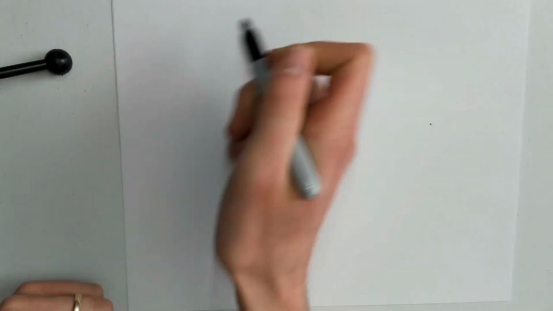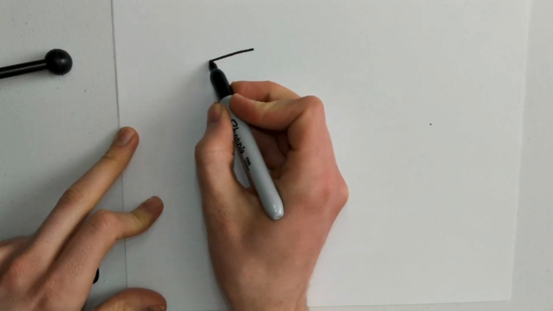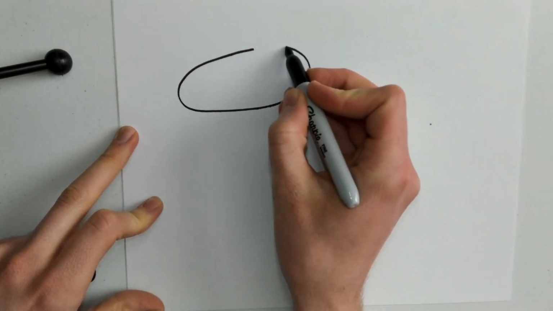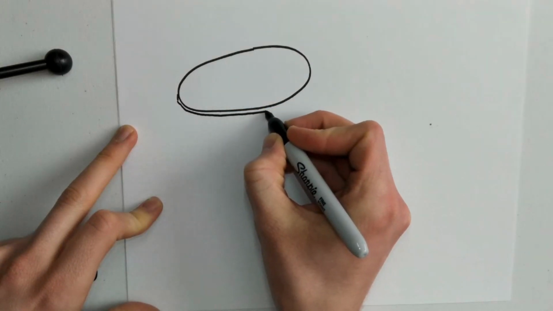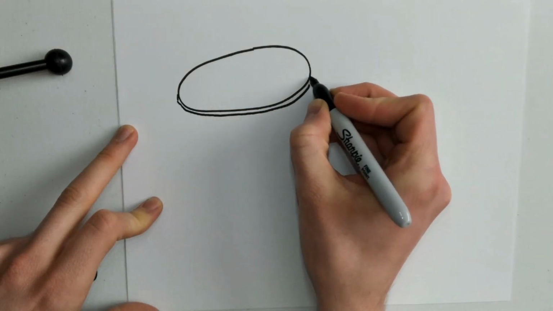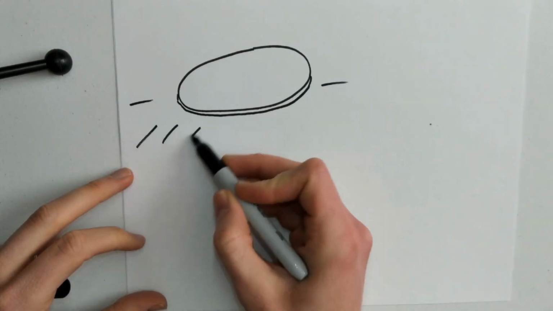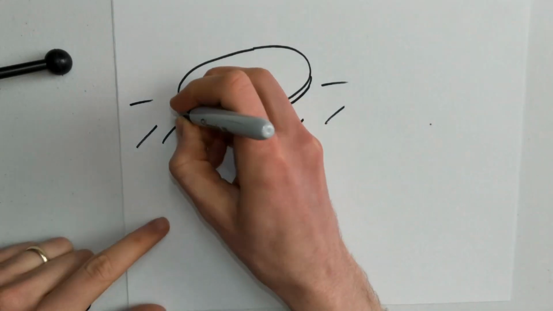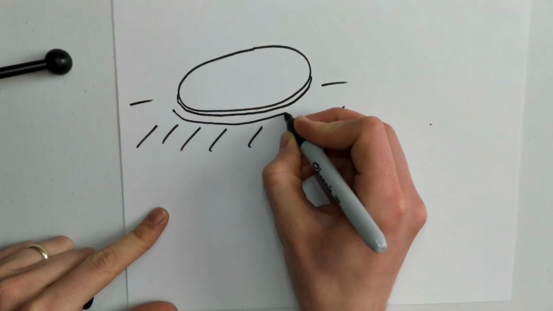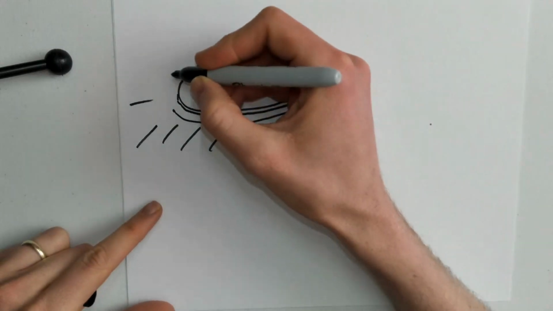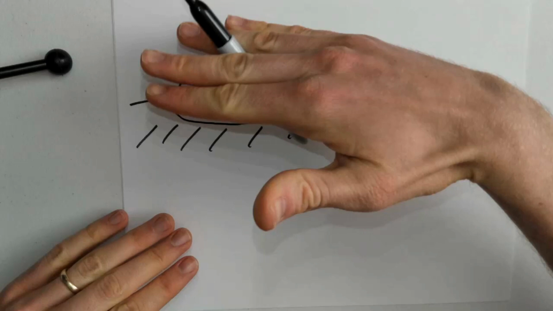So I'll just sketch what the system looks like. So we have some disk, some disk like this, and the ground is under the disk, and there's some thickness between the disk and the ground, and there's also a plate on top of this disk that I'm not going to draw.